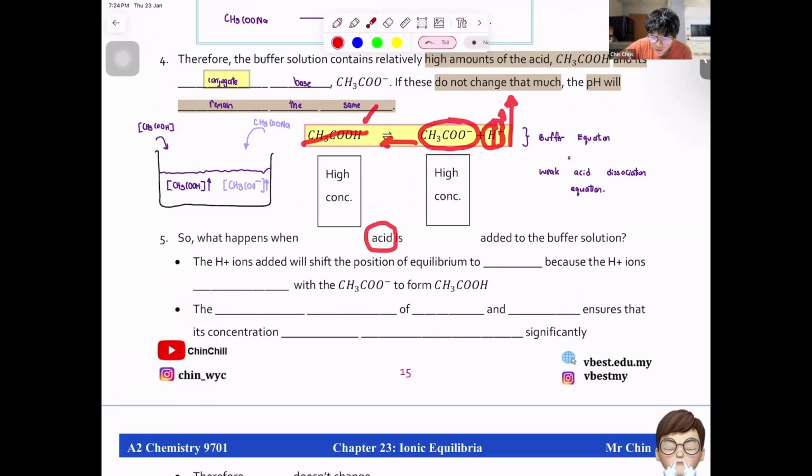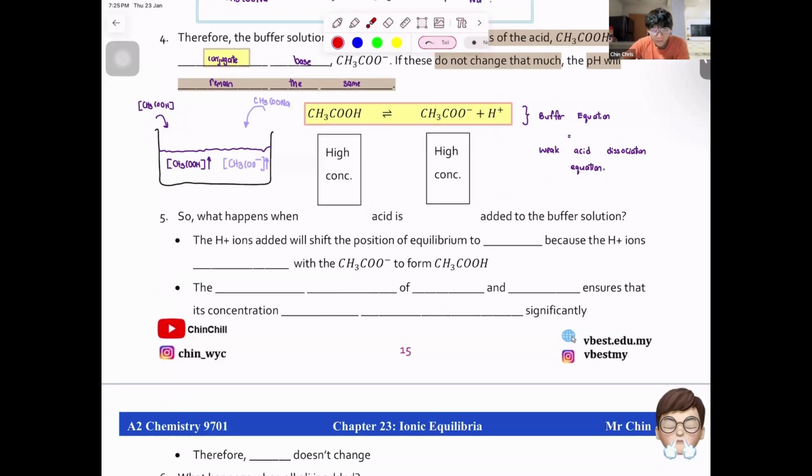So the H+ eventually returns to the original concentration, and the pH will stay. One more time: when acid is added, initially H+ increases. It combines with CH3COO-, forming CH3COOH. Then at the end of the day, H+ returns to its original concentration and the pH does not change.